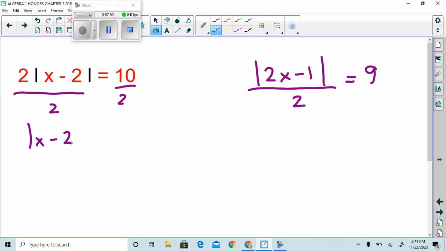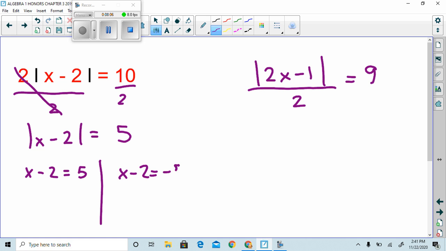X minus 2 is equal to 5. Dividing both sides, it cancels on the left, and 10 divided by 2 is 5. Time to write those two equations, once with 5 and once with a negative 5. Let's add 2. X is equal to 7. Add 2 again. X is equal to negative 3.